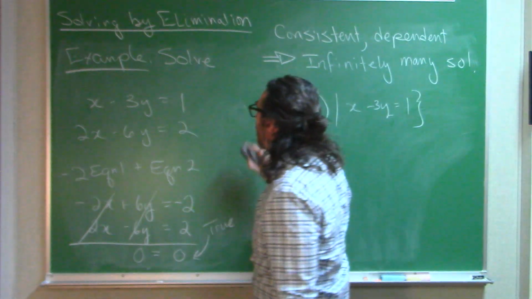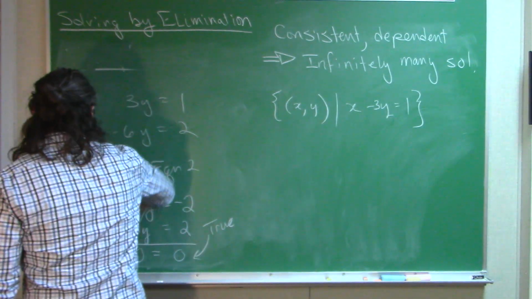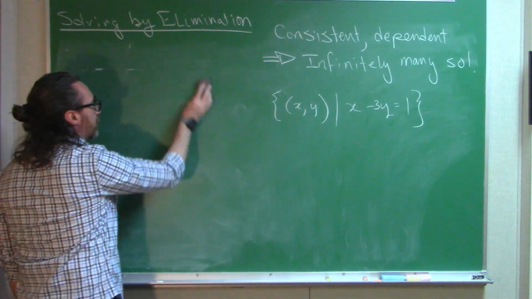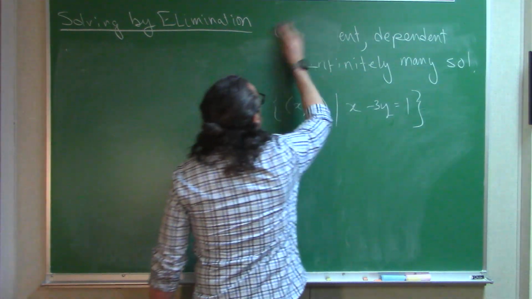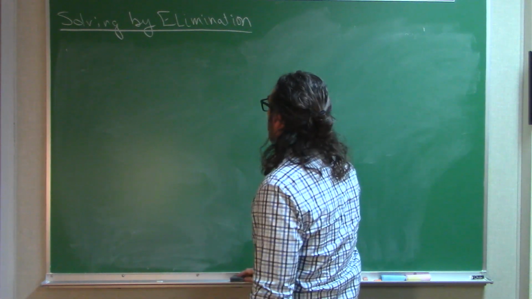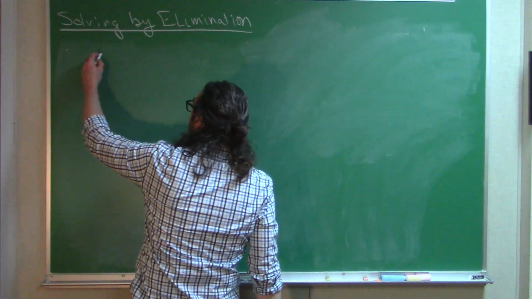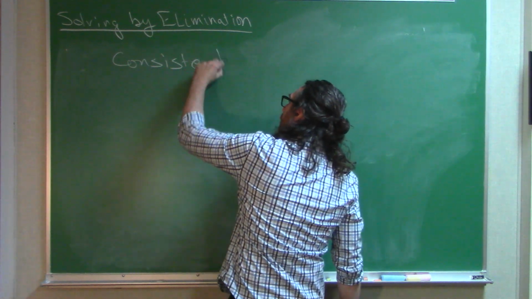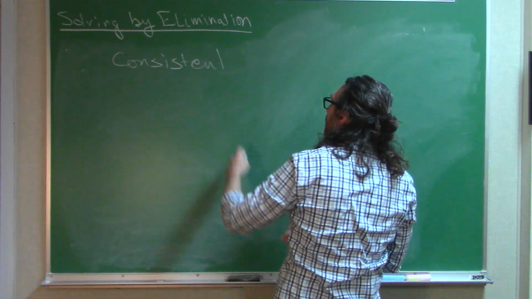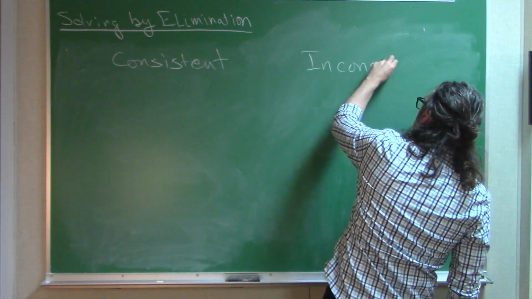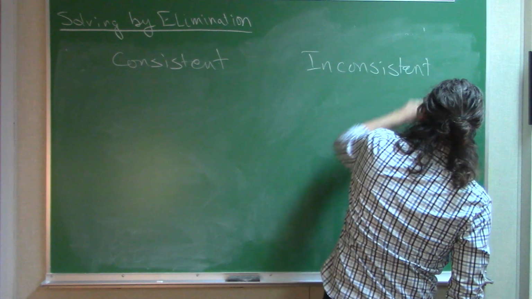So let me do a little diagram here about the types of scenarios we can have. Okay, so two things. Your system can be consistent, or your system can be inconsistent.